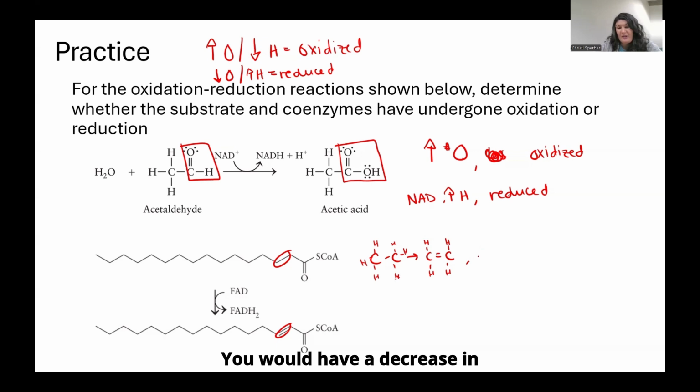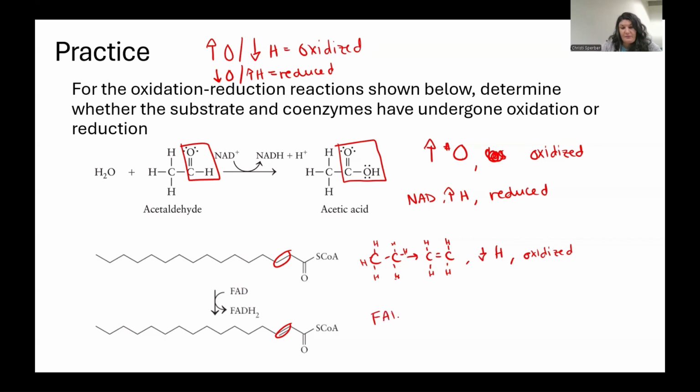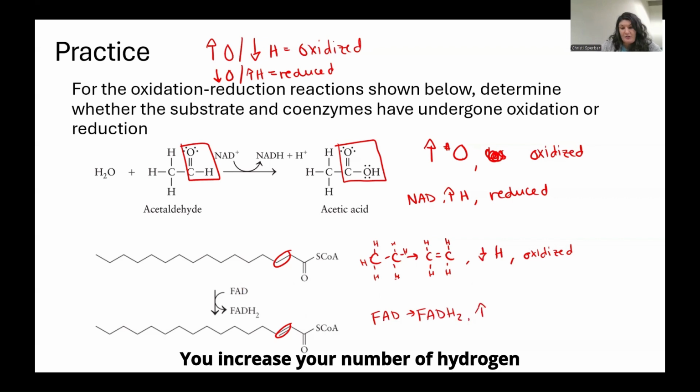We would have a decrease in hydrogen, which means it's reduced. Sorry, oxidized. FAD goes to FADH2. You increase your number of hydrogens, and therefore FAD is reduced.